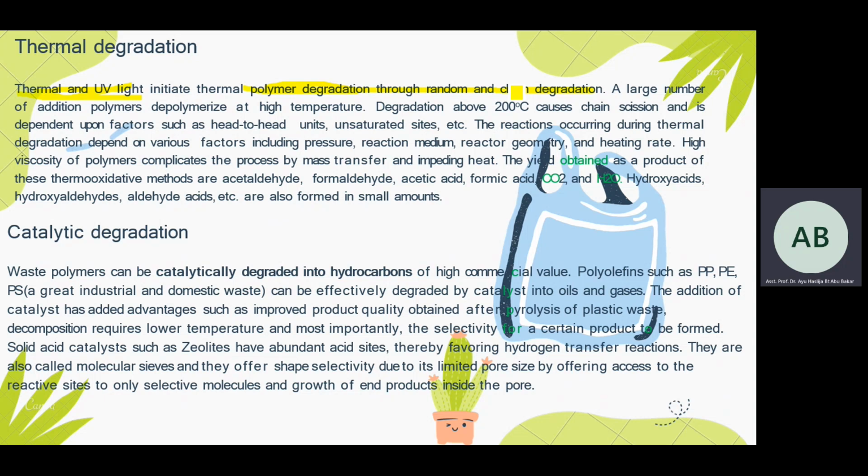We are talking about high temperature to break the chain for the degradation process. Degradation above 200 degrees C causes chain scission. And again, it depends upon a few factors of the plastic and also the environment of the degradation location.